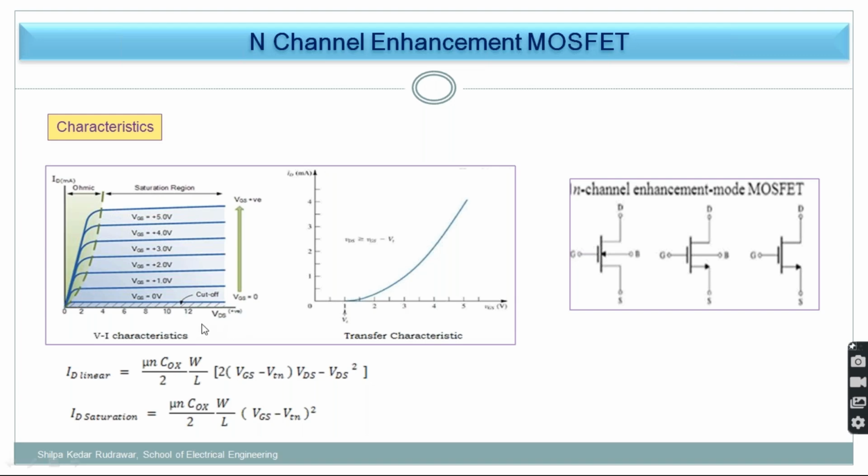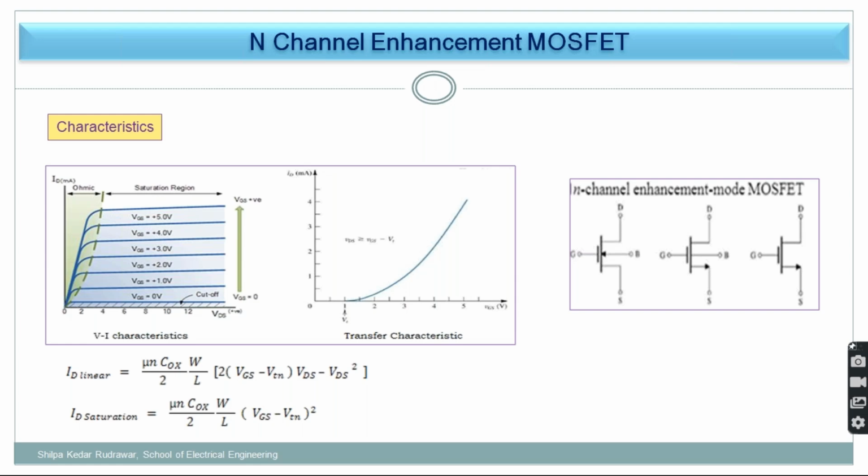When VDS increases again and again for constant VGS, your current remains constant. There is no effect of VDS on ID, the drain current, and that's why in the saturation region, MOSFET is acting as a constant current source. Hope this idea is clear to you.